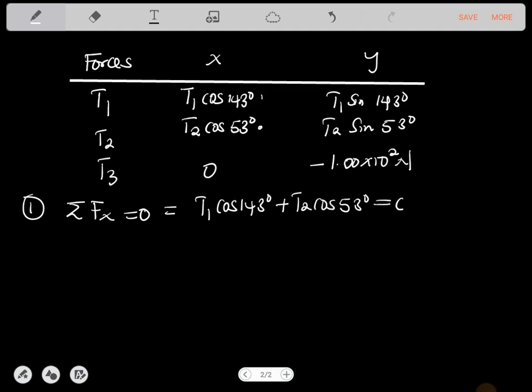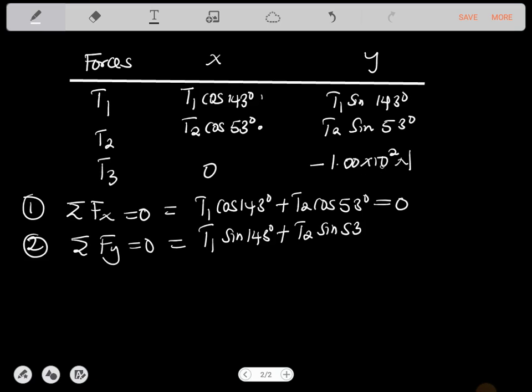This should give us 0. Equation number 2 is the sum of forces in the y, which should also give us 0. In the y we have T1 sine 143 plus T2 sine 53, minus 1.0 times 10 to the power 2. This should give us 0.